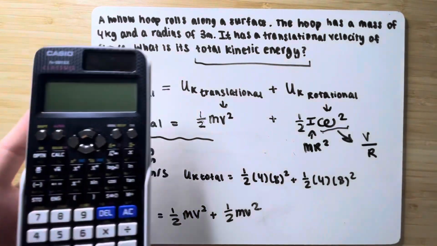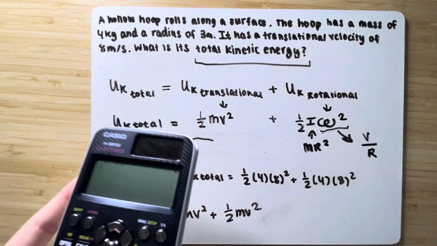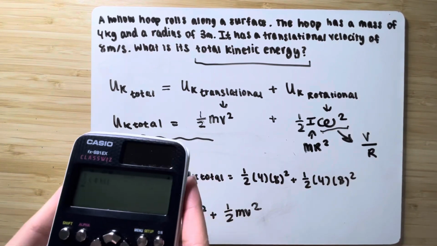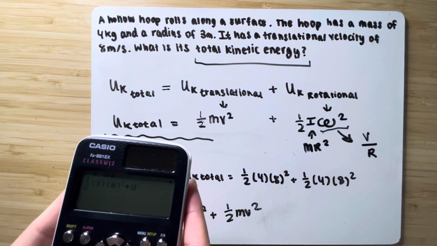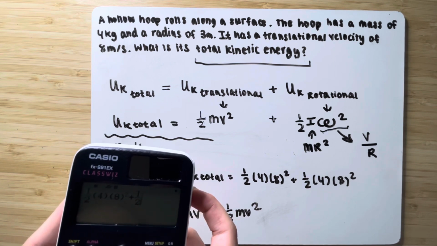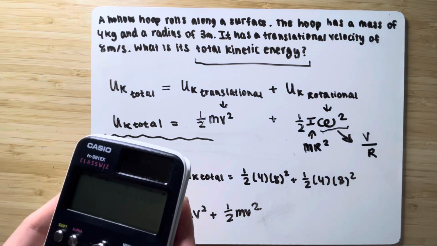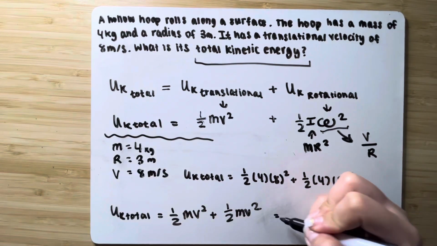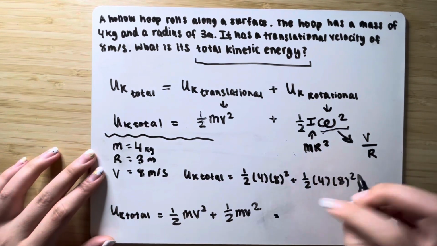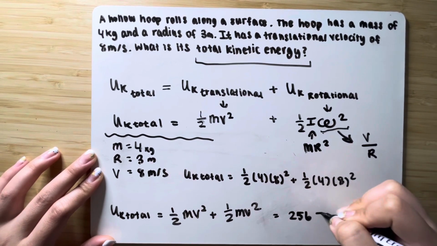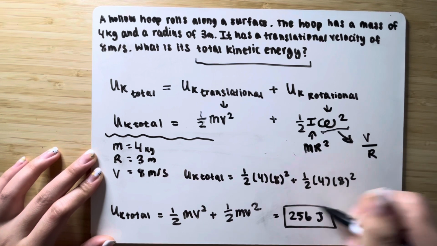Whip out a calculator, plug in those numbers: 1/2 times 4 times 8 squared plus 1/2 times 4 times 8 squared, you get 256. So this is going to be 256 joules. There you go.